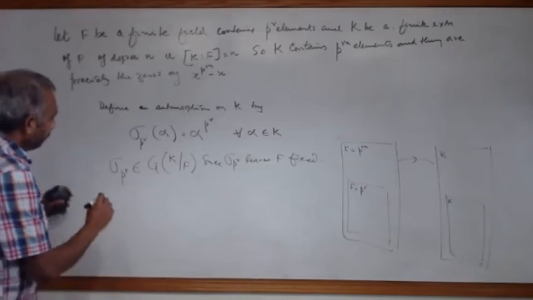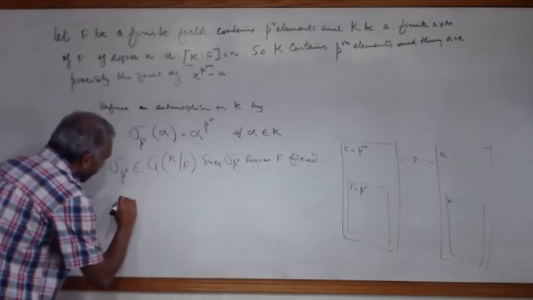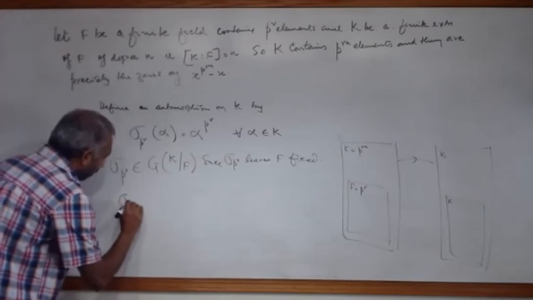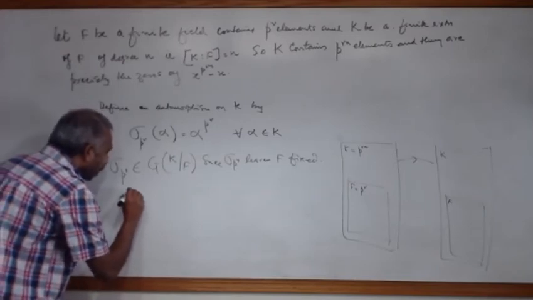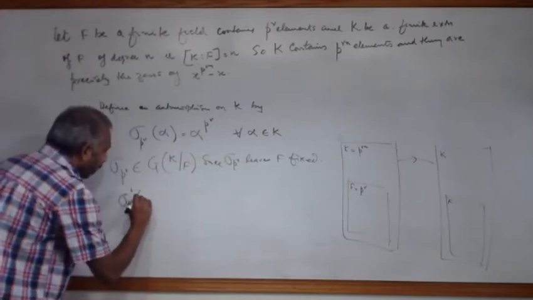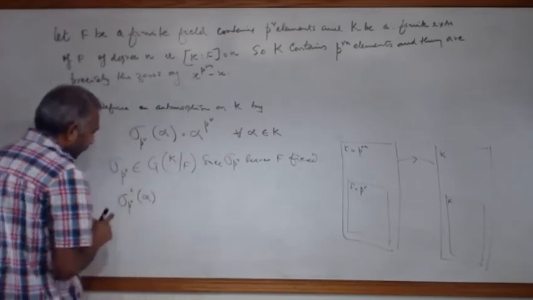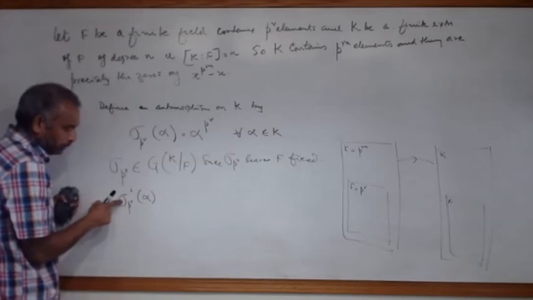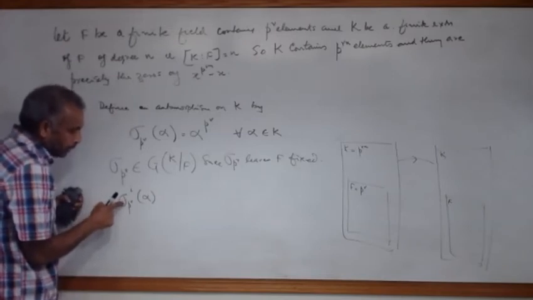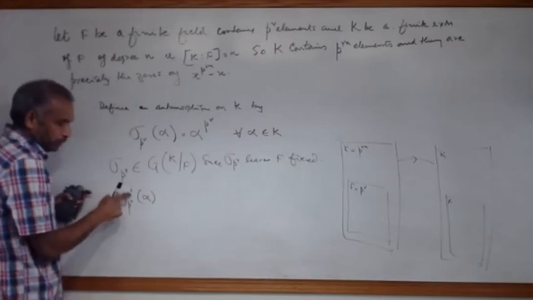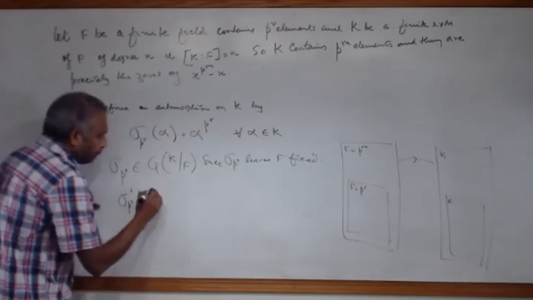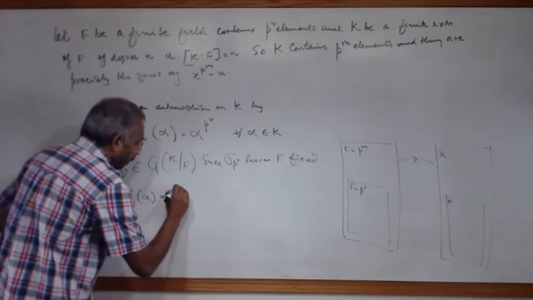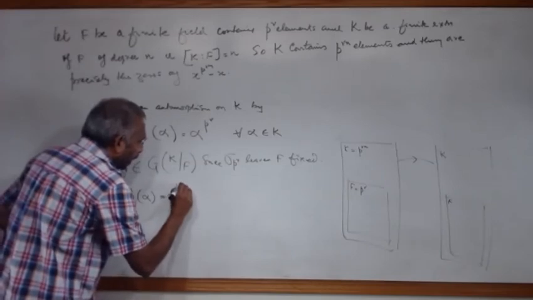Now, let us see sigma of p to the power of r, i, of alpha. This is actually, you are composing sigma p^r i times. When you compute this, you will find that this is equal to alpha to the power of p to the power of ri.